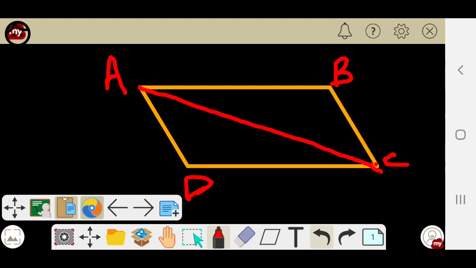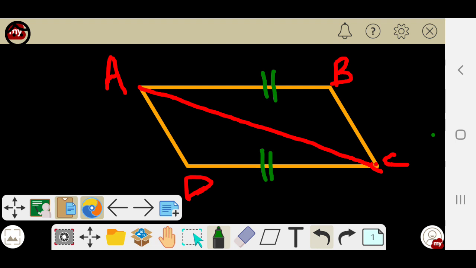ABCD is a parallelogram, which means AB is parallel to CD. AB and CD are two parallel lines. If AB and CD are parallel, we can consider AC as their transversal.